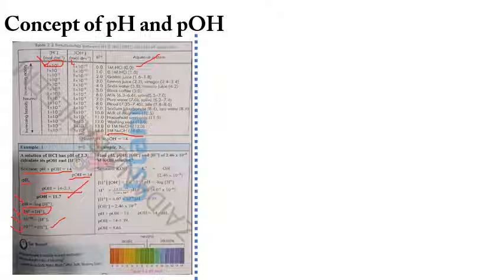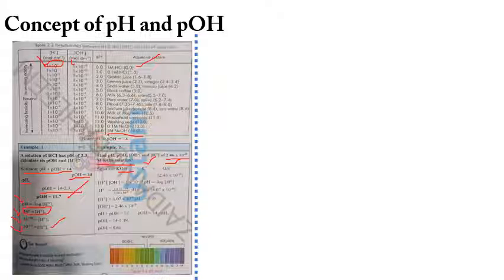Now the second numerical: find pH, pOH, OH and H plus ion of 2.49 into 10 power minus 9 molarity of potassium hydroxide solution. The solution is that when KOH dissociates, it will produce K plus and OH ion. We have already mentioned that when an acid dissolves, it produces H plus and chlorine ion, like HCl.